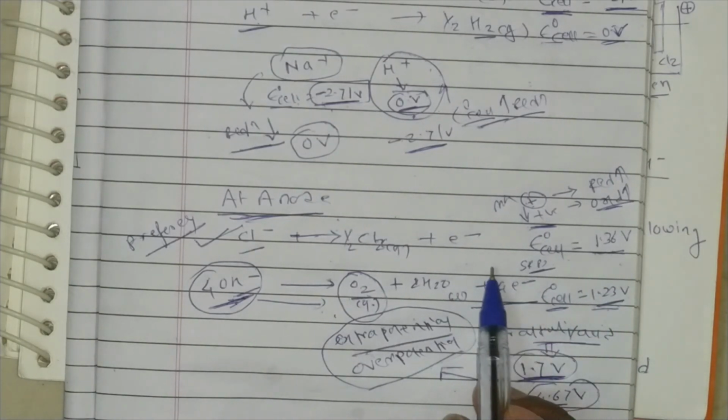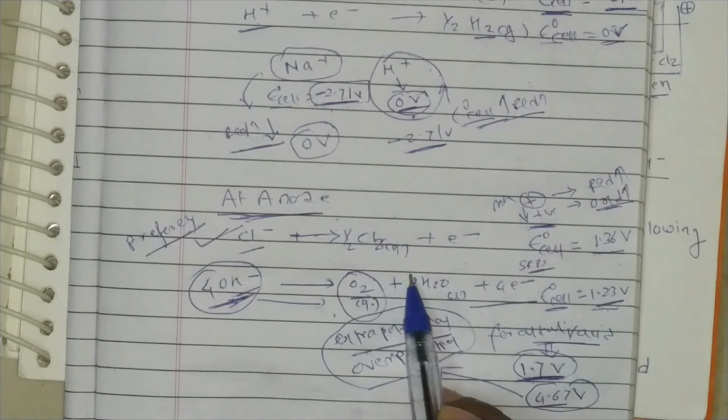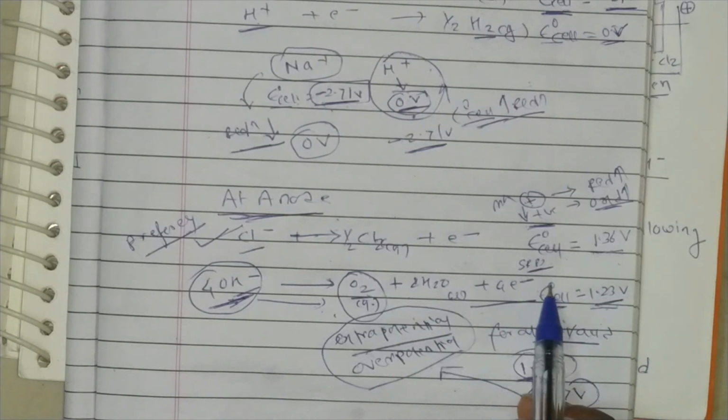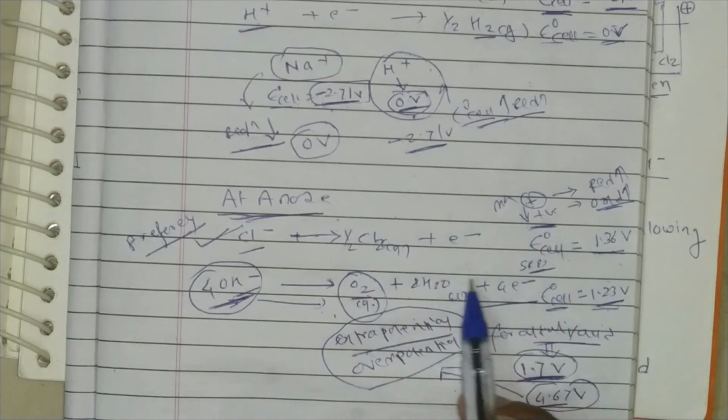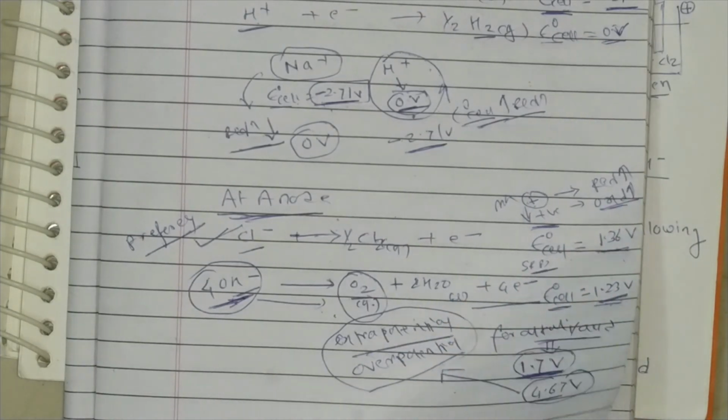So the chlorine with the cell potential of 1.36 volt undergo oxidation preferably.